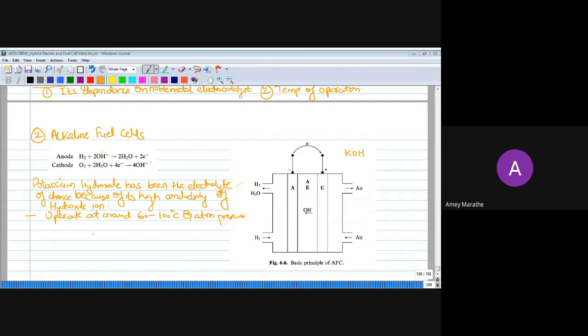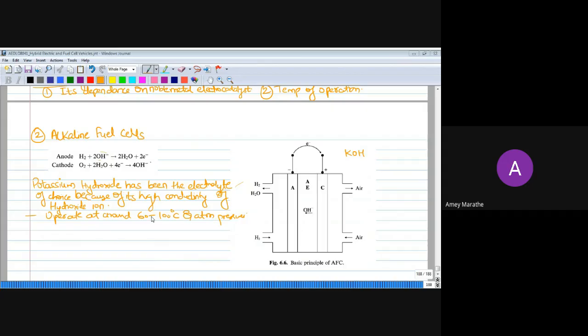Also, it operates at less than 100 degrees C. If you compare it with the temperature of the phosphoric acid fuel cell, which was 150 to 210 degrees C, it is quite achievable.